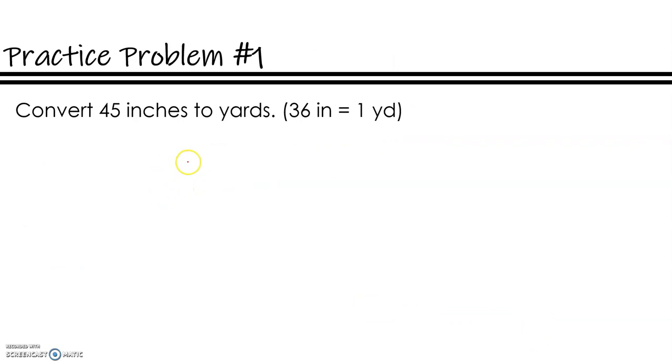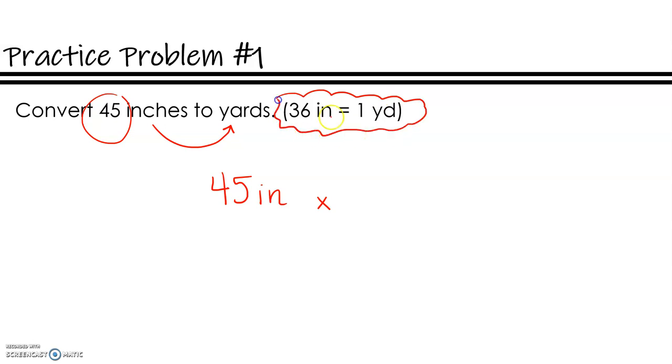So practice problem number 1. We are converting 45 inches to yards. So this is what I'm starting with. That's going to go first. And remember, it says in order to do dimensional analysis, I need to multiply by the conversion factor.